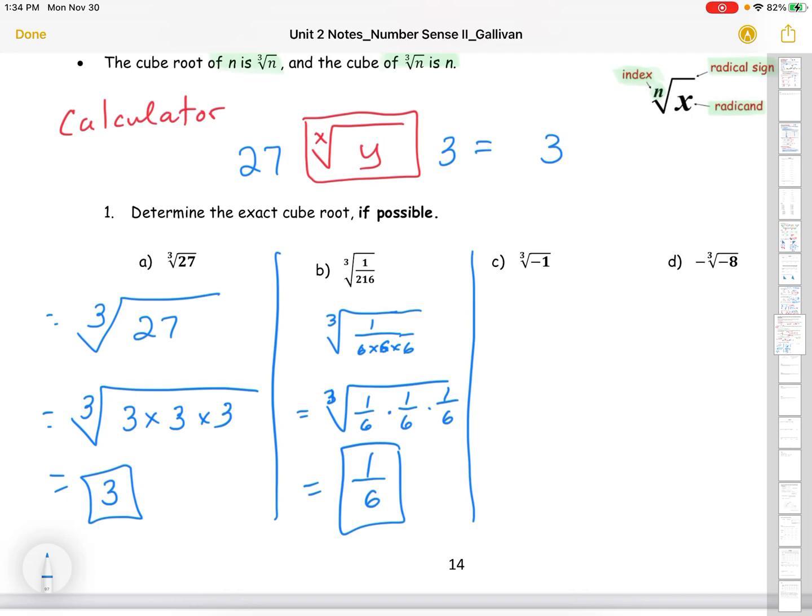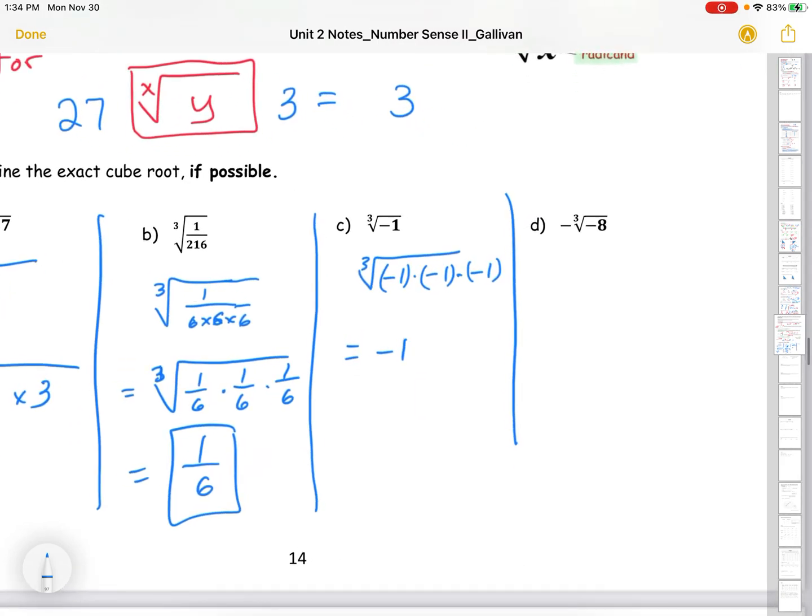Now, with cube roots, we can have negative numbers under the cube root because if I do this, it's -1 times -1 times -1. I could put them in brackets if that helps, and we would still get a -1. Similarly here, negative sign outside, the cube root of -8 is -2 times -2 times -2.